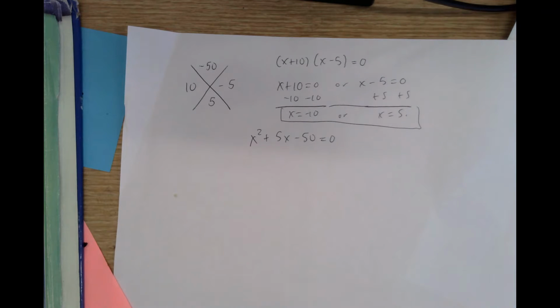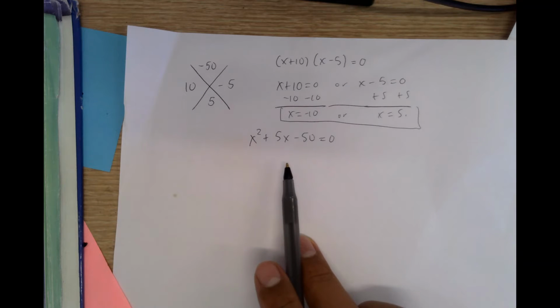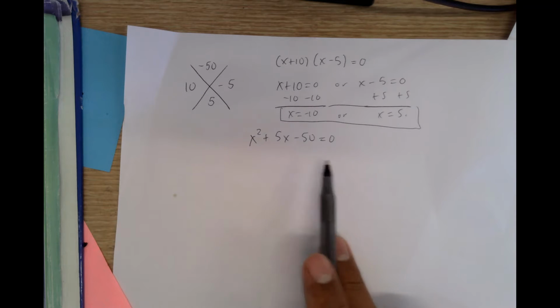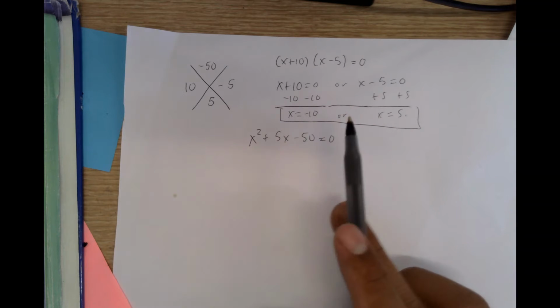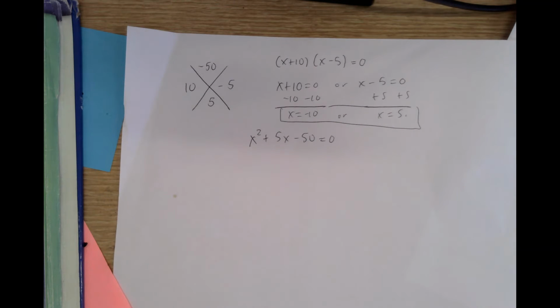What value of x should x have so that the whole left side is equal to 0, right? So again, this is a truth statement. It's asking us what value of x we need to make this statement true, where the left-hand side also equals 0. And if you plug in either one of these values for x, you will get the left-hand side equal to 0.